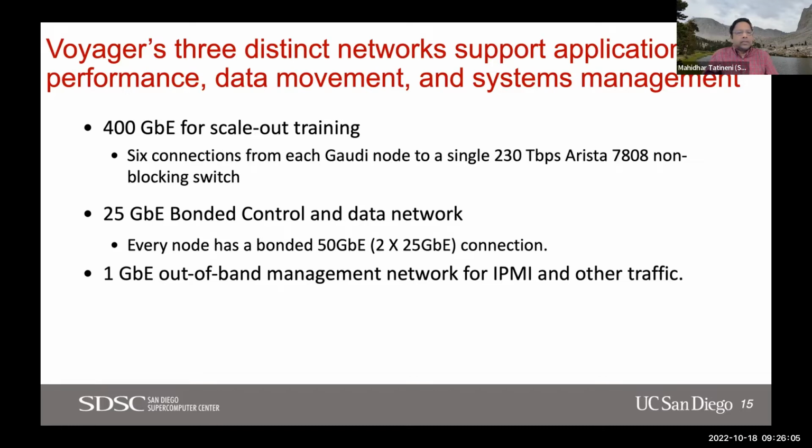Then there's the 25 gigabit bonded control and data network. Each node has 2 of these, so you have a bonded 50 gigabit link going into each node. And then out of band, there is a 1 gigabit network for managing the nodes and IPMI access and so on. For the end user, you're not going to see this part of it. You're just seeing the first 2 parts. This part is more for the systems team to be able to manage and do remote console and those sorts of things.